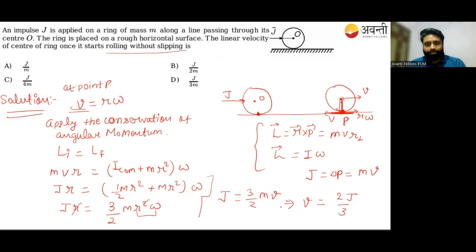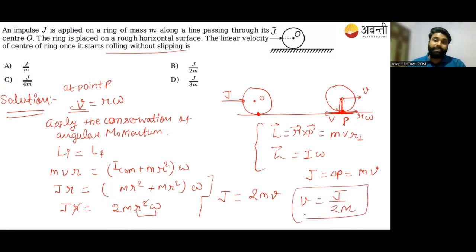But we have made a mistake here, because the moment of inertia of the ring about its center of mass is only mr square. So that is why it would come as 2mv. That is why V is equal to J upon 2. So these are the silly mistakes that you will have. So option B is the correct option here.